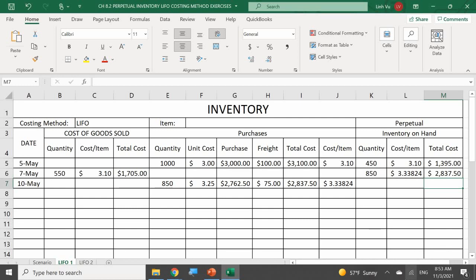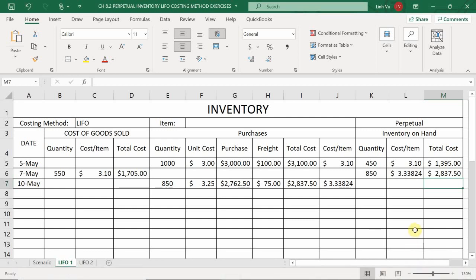So in this case, right, if I'm doing LIFO and I end up selling something, right, I know for a fact that I have to take out this one at the bottom because that's LIFO, right? That's what I currently have to take out. I don't necessarily have to keep track of it by color or just by association, right? I could just look over here and say, well, I got 850 as my last one that I purchased, right?